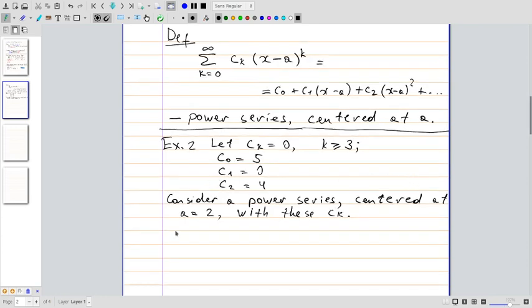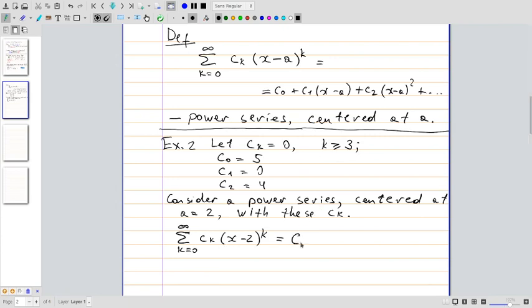Okay, so we have to write the infinite sum, k from 0 to infinity, c_k times (x minus 2), because a is 2 here, to the power k. Except that now all the c_k's, except for the first 3, are zeros. So all the terms that contain c_k's starting from k equal to 3 will vanish, and our infinite sum actually becomes a finite sum. Let's see what it will look like.